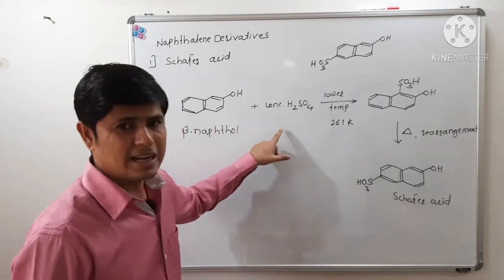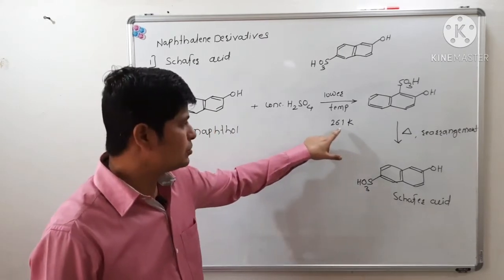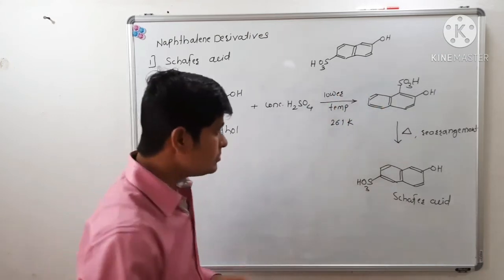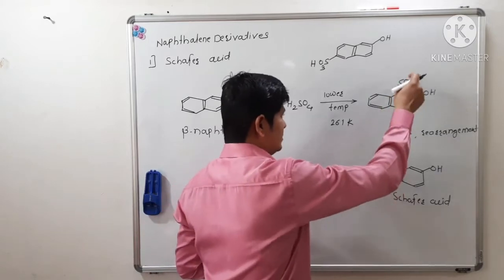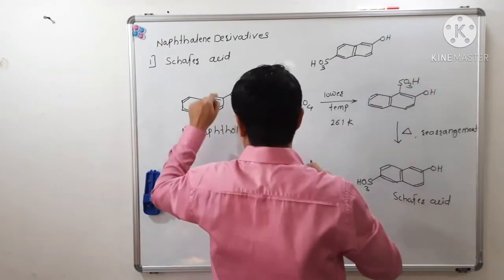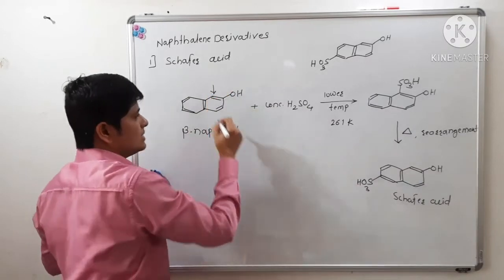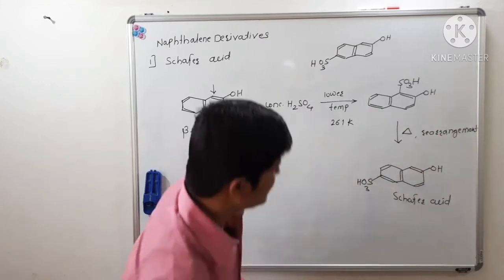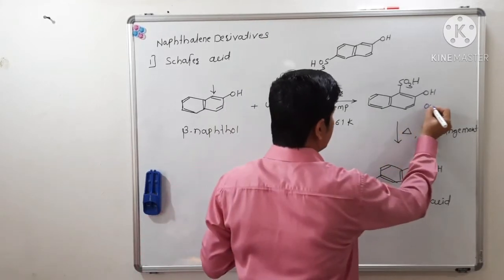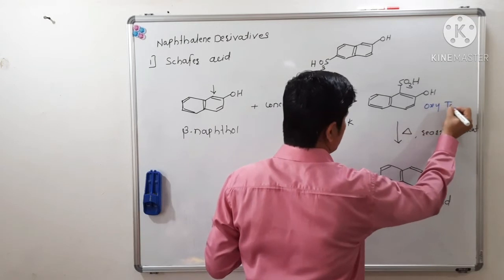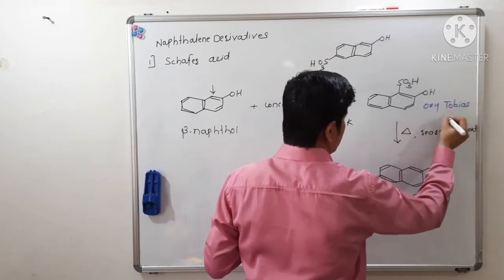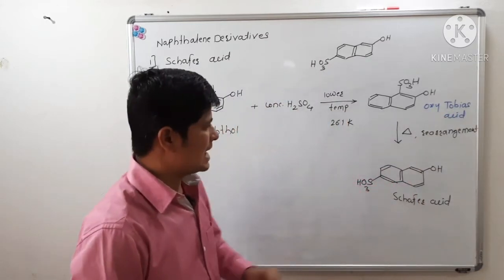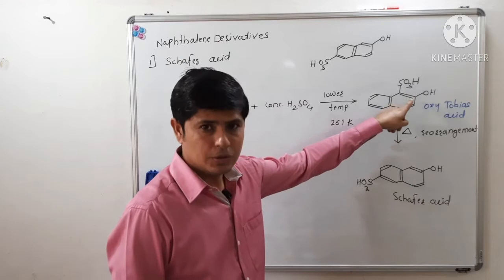This gives the sulfonic acid product, where the sulfonic acid group is introduced at position number 1, and this intermediate is called oxy-Tobias acid.